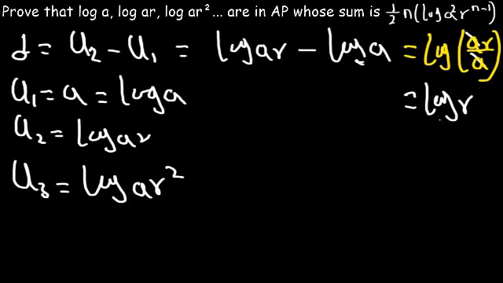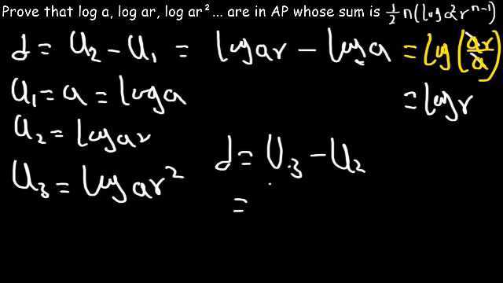Now, if d is log of r, let's confirm this. If we subtract another way, d can also be u sub 3 minus u sub 2. If this gives us log of r, then definitely a common difference exists, and once the common difference exists, then the progression is an AP.